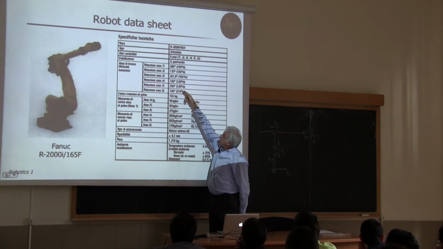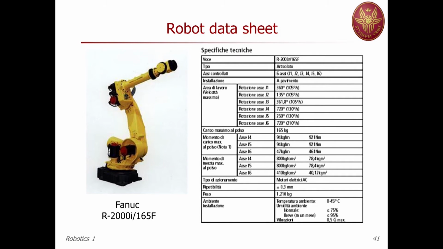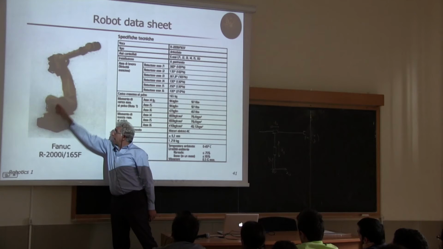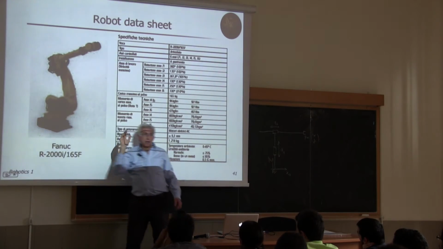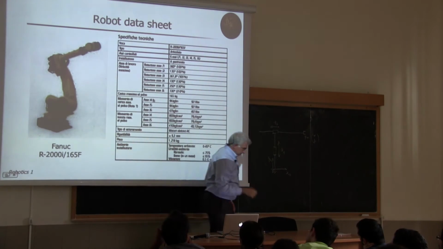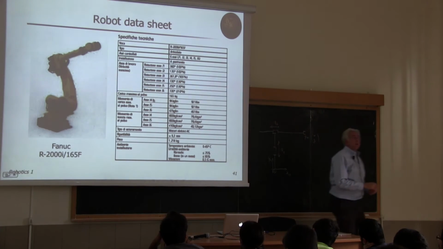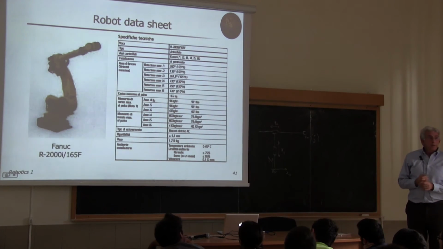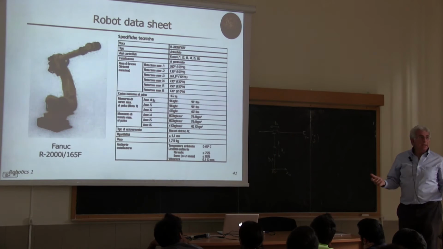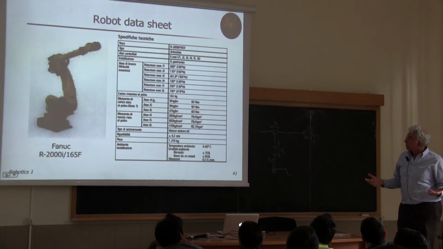Then here you see 6 data for joint 1 to joint 6, all revolute. You see the maximum rotation, so the joint range. The first joint can rotate 360 degrees. And the first joint here is the base. Around the vertical axis, this can rotate a full turn, so 360 degrees. Okay?